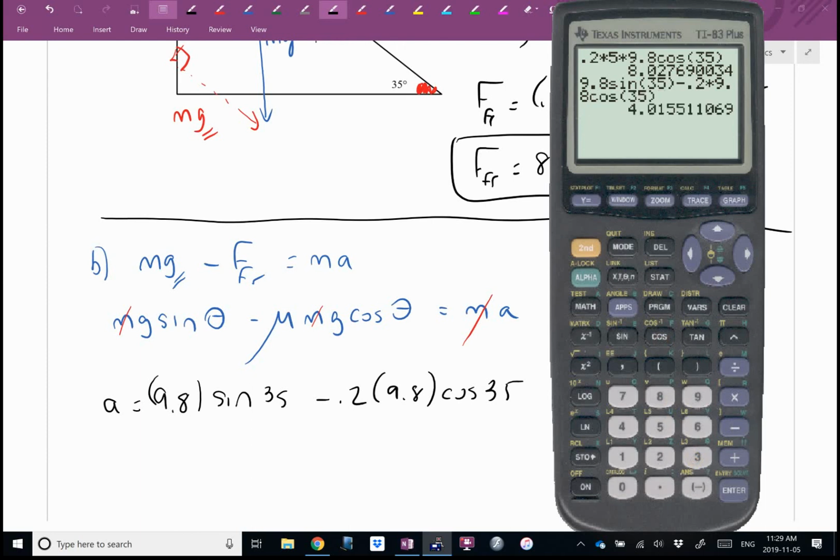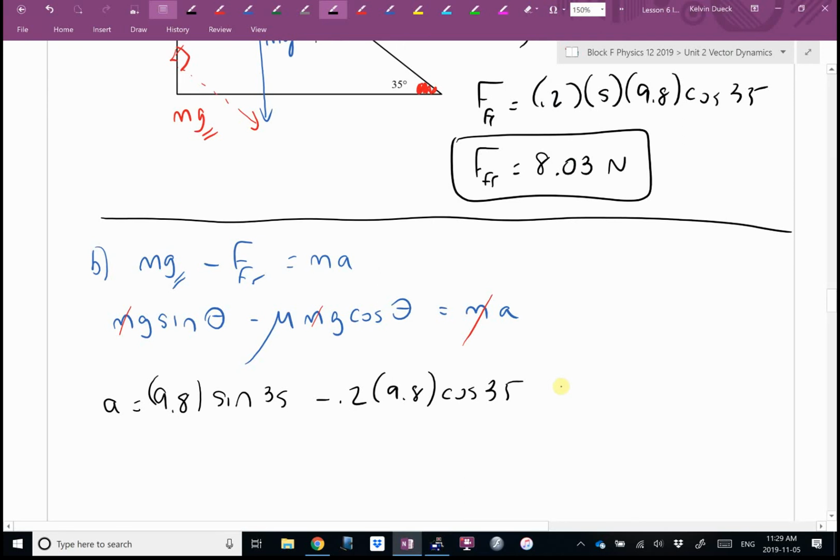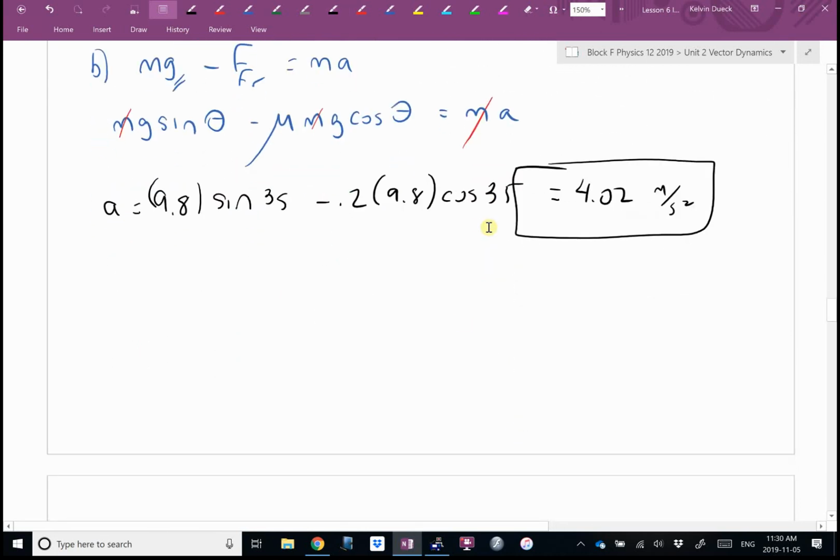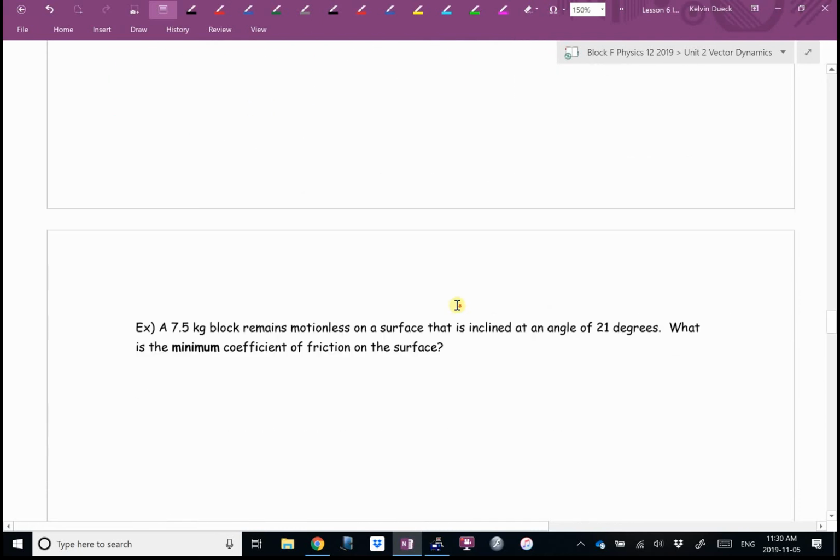And I get 4.02 meters per second squared. Turn the page.